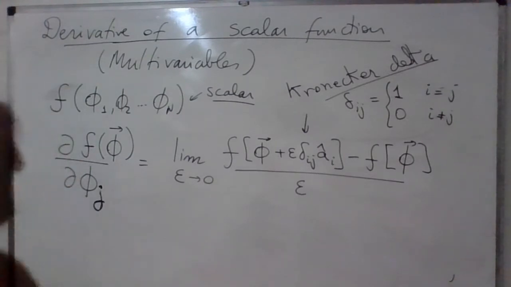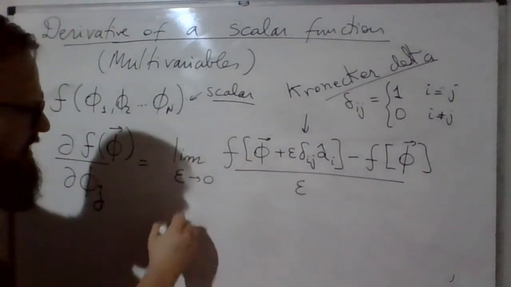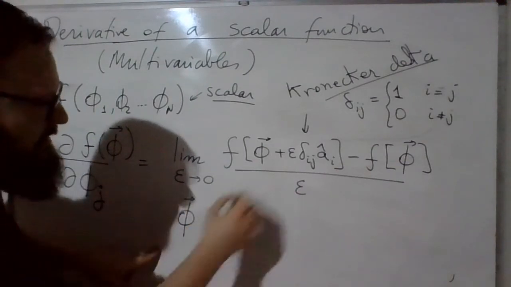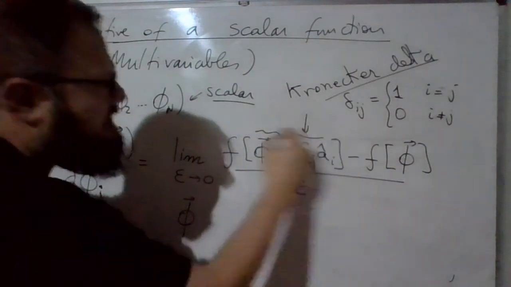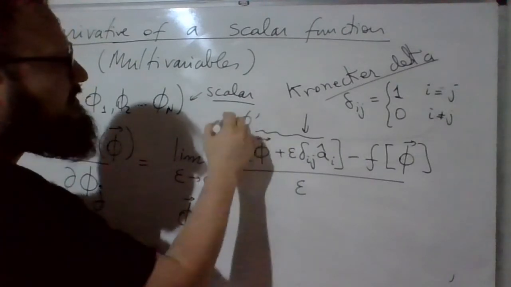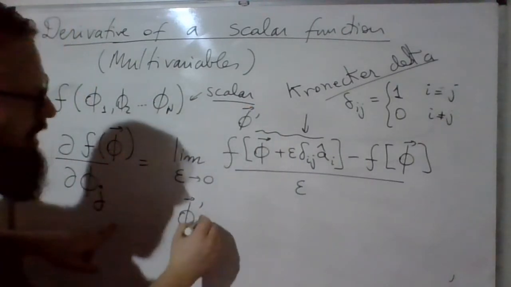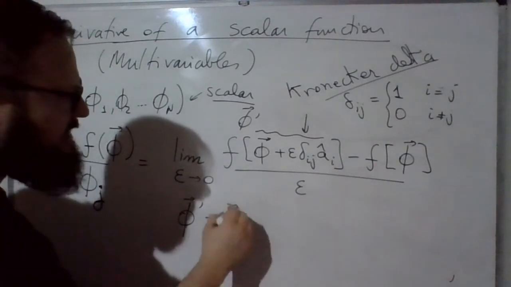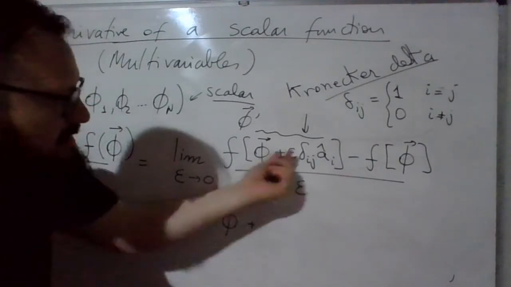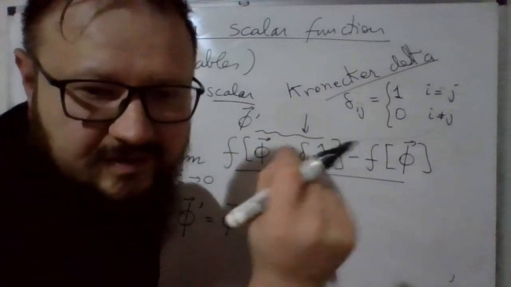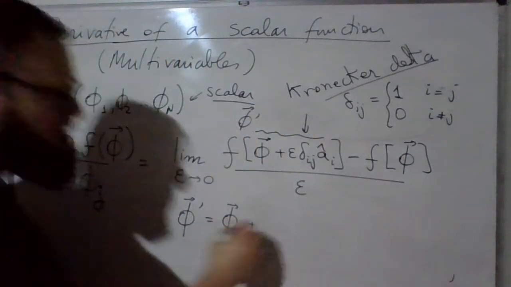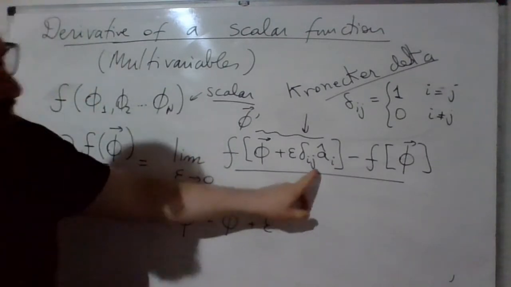Therefore, your new vector, which I will call phi primed, corresponds to the original vector phi plus some small deviation from that vector, but in the direction of j.